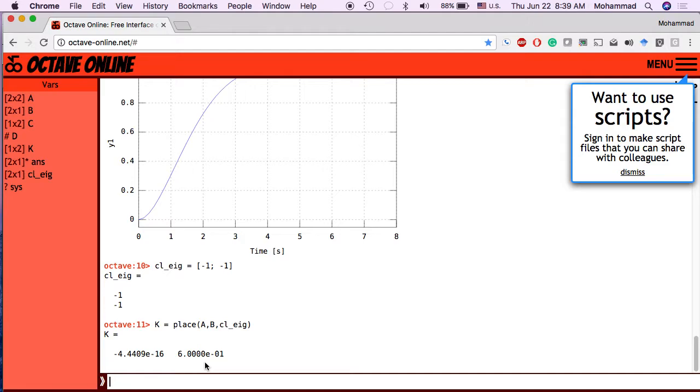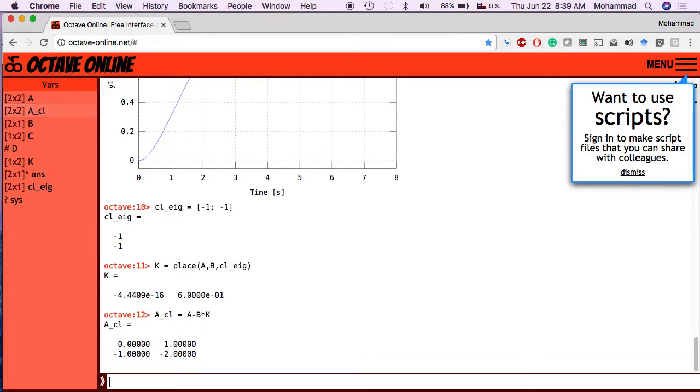Okay. Now, how can I simulate the closed loop system? The way is to recognize that A of closed loop is equal to what? A of closed loop is A minus B times K. Isn't it? A closed loop is A minus B times K. That's how we design our closed loop system.